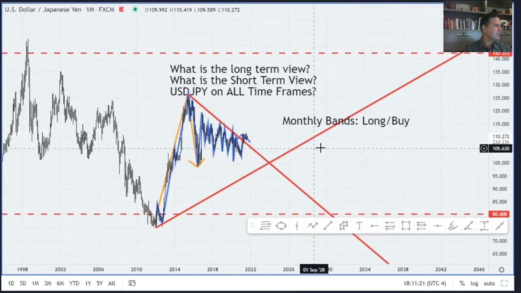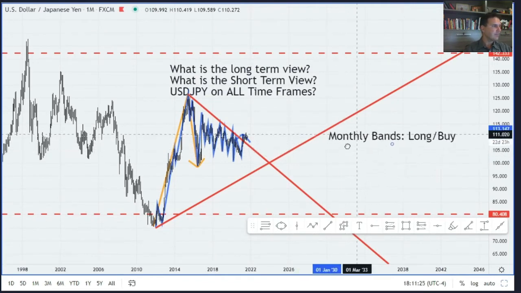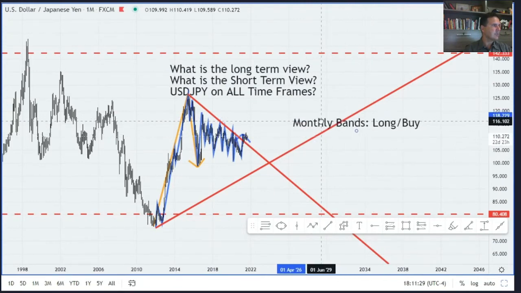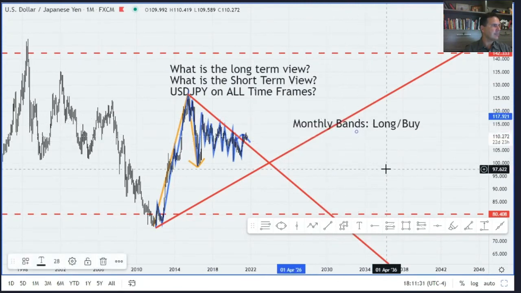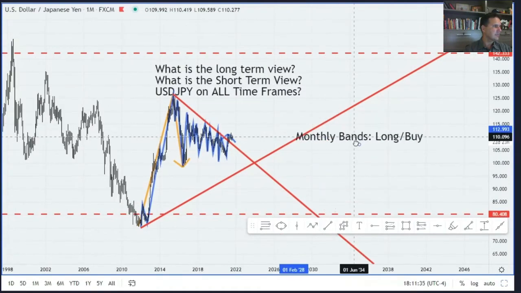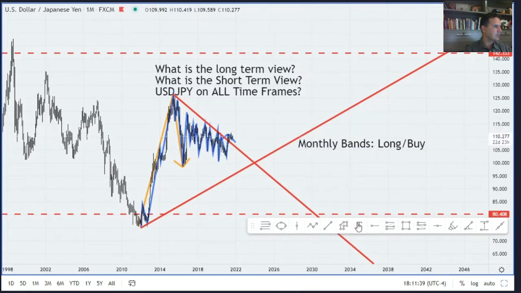So those are the monthly bands, and you are going to do the same, everybody, for every currency pair. The long-term view from the monthly bands is long, right? Okay, and to help you a little bit, we're going to click.